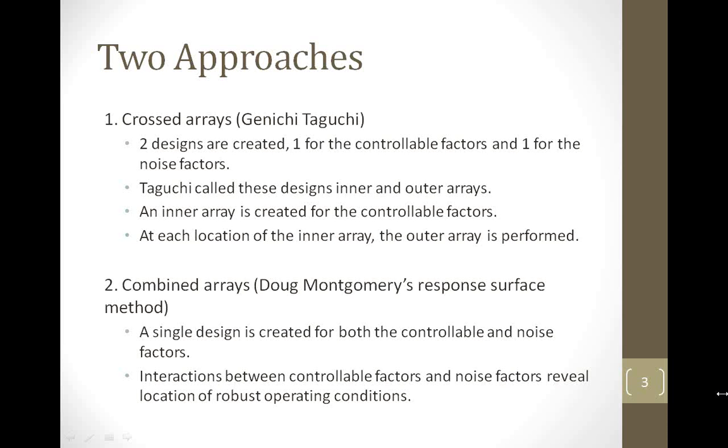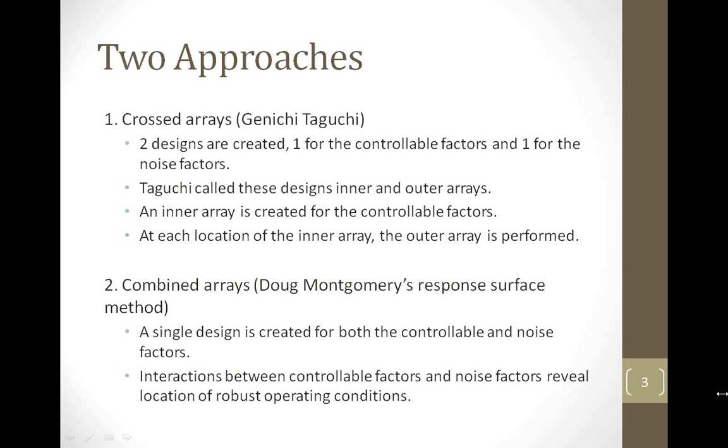Taguchi called his designs inner arrays and outer arrays. The inner array was a standard design for the controllable factors. And he often used, as in classical experimental design, two-level designs where you might pick a low and a high level of each of the controllable factors and do various combinations.